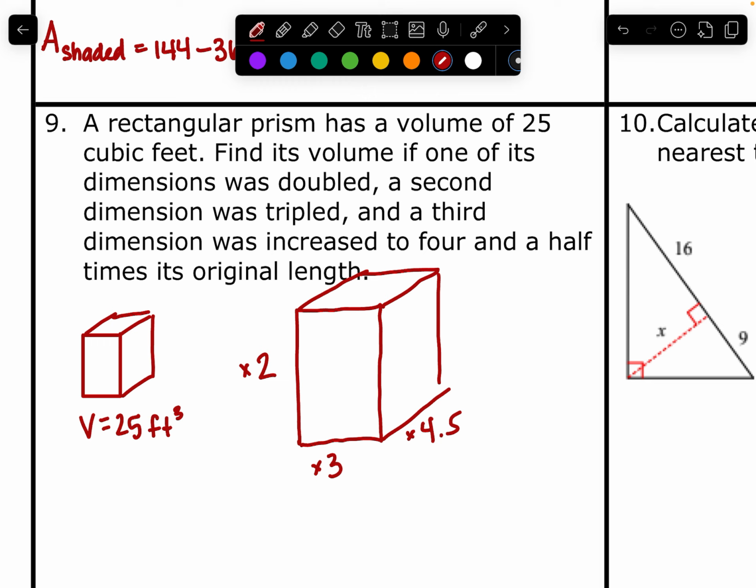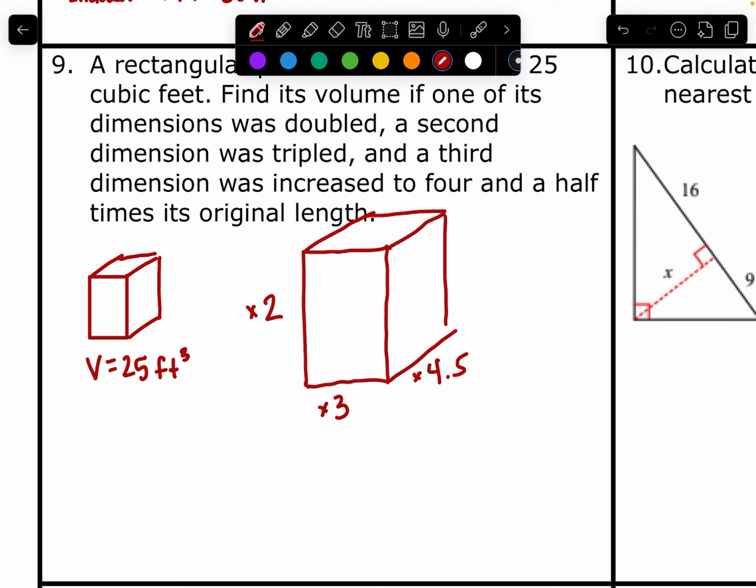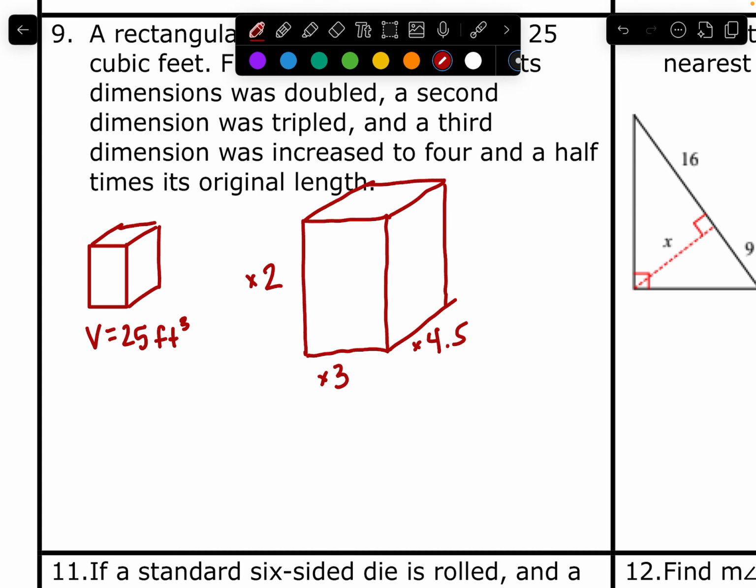Now, I know when we studied this, I was like, hey, just raise the scale factor to the third power. This one has 3 different scale factors, so this is what you need to do. We don't know the original length, width, and height, but we do know the original volume. Since it's length times width times height to get the volume, take the original volume and multiply it by these different changes over here.